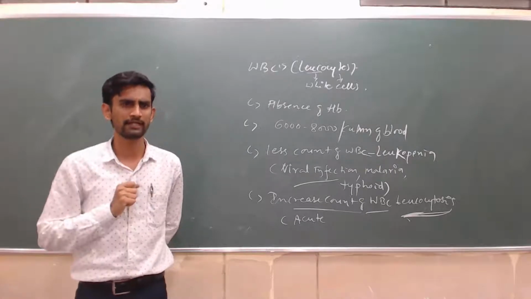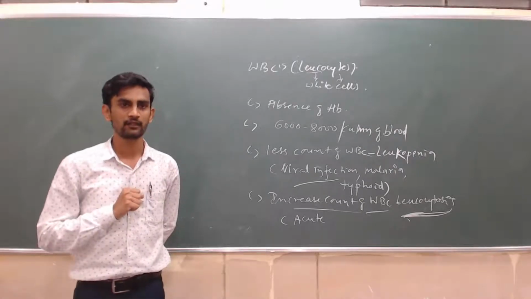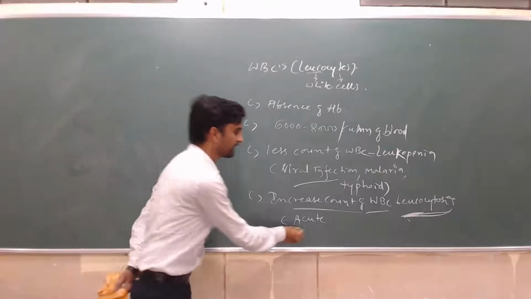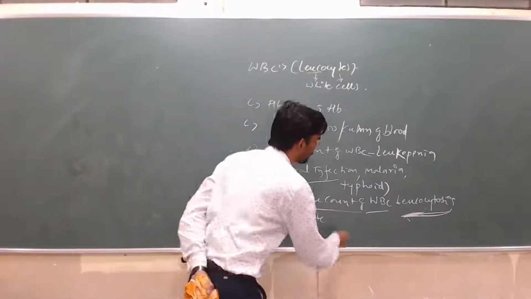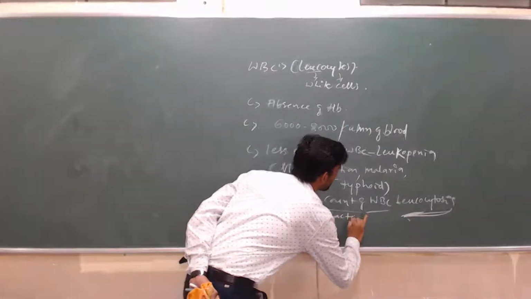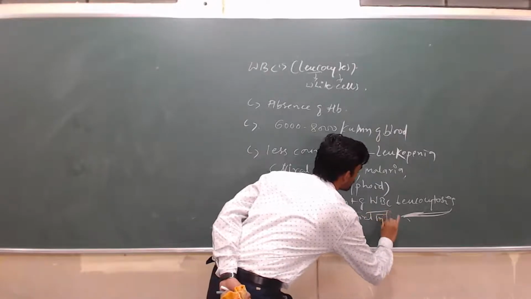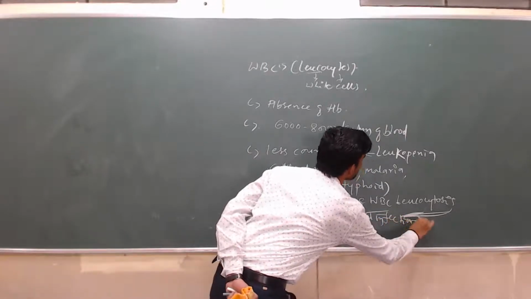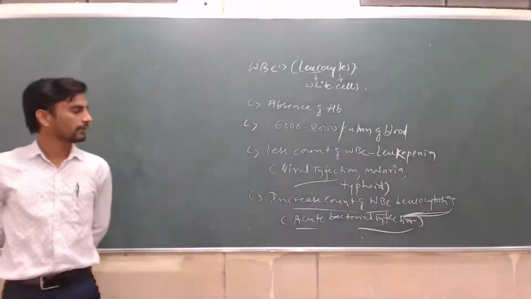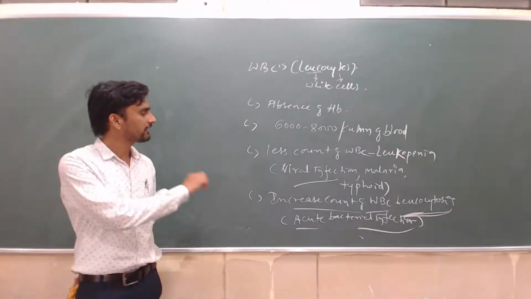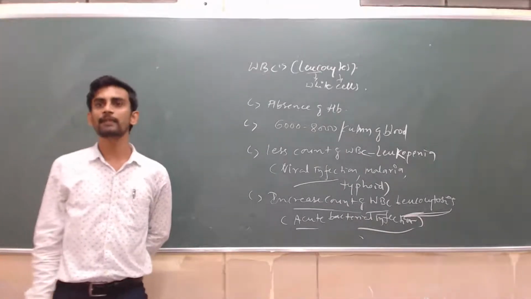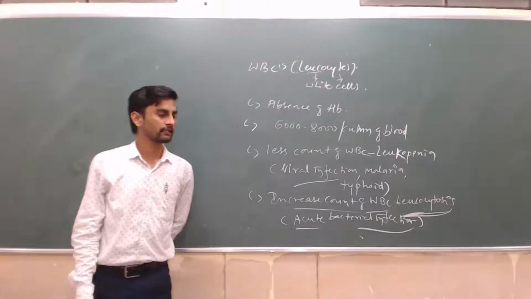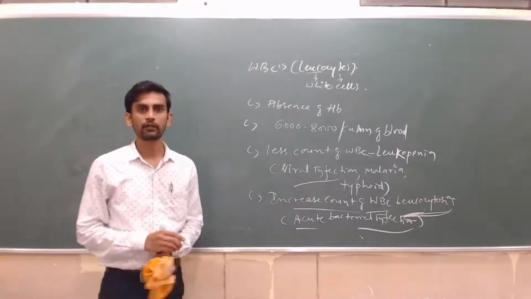This is common, but not that serious. Like that, here also, if the person is suffering from any acute bacterial infection, there is a sudden increase in the WBC count. This is leukocytosis.